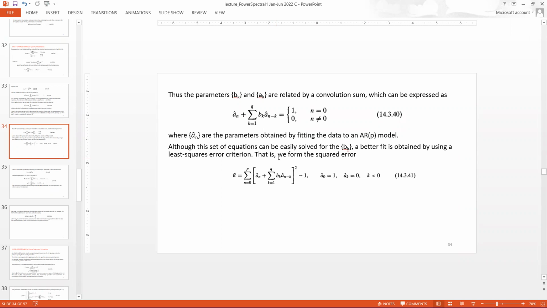Then although this set of equations can be easily solved for BK, a better fit is given by using least square error criteria. That is, we form the square error E. এটা দিয়েও আমাদের হবে, but for better estimation of the power density function, we can use this equation.